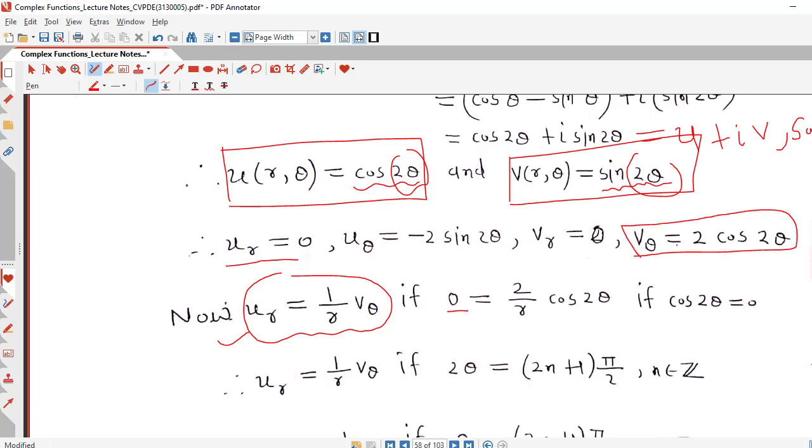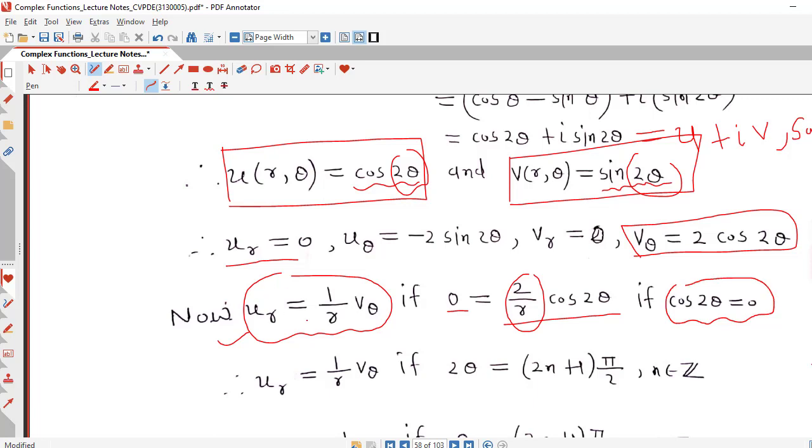So 1 by r into del v by del theta is 2 by r into cos 2 theta. So now this 2 by r is always positive because r is greater than 0. So we can cancel out this 2 by r. So this is possible if cos 2 theta is 0.